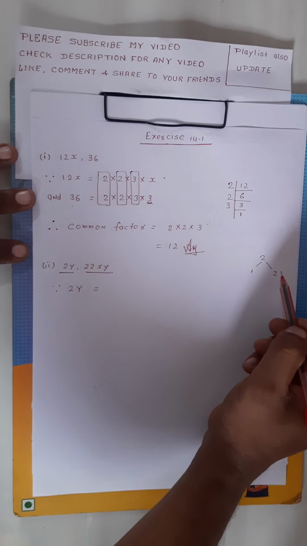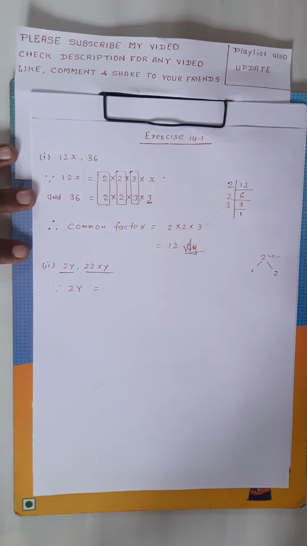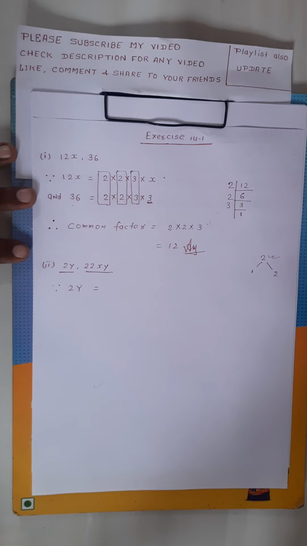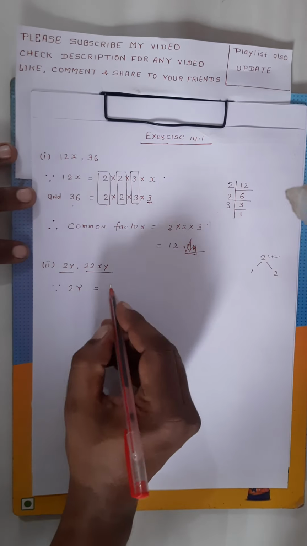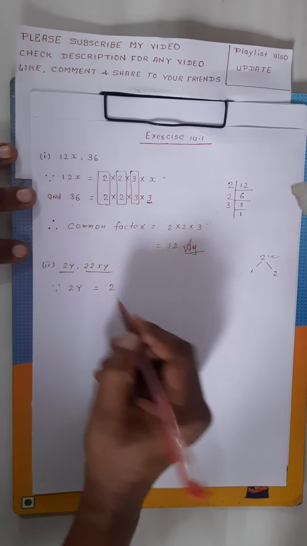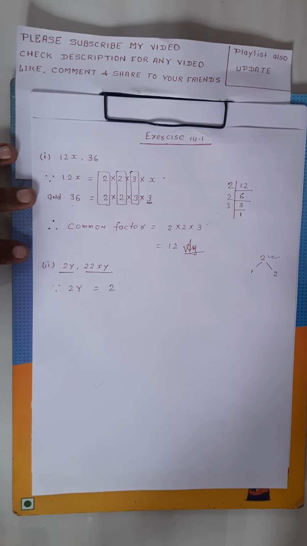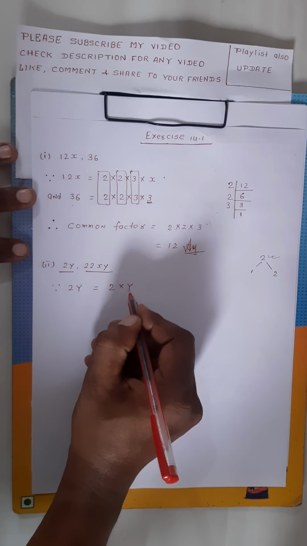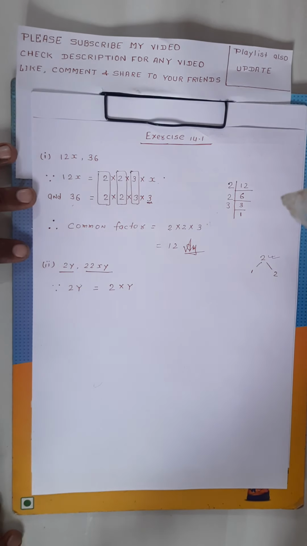That means 2 is the prime number. Other than 1 and 2, there is no factor of 2. Okay, so it is the prime number, so we will write down only 2 because 2 cannot be factorized. Okay, and only one y is here, y is alone here. Okay, so 2 into y I have written.